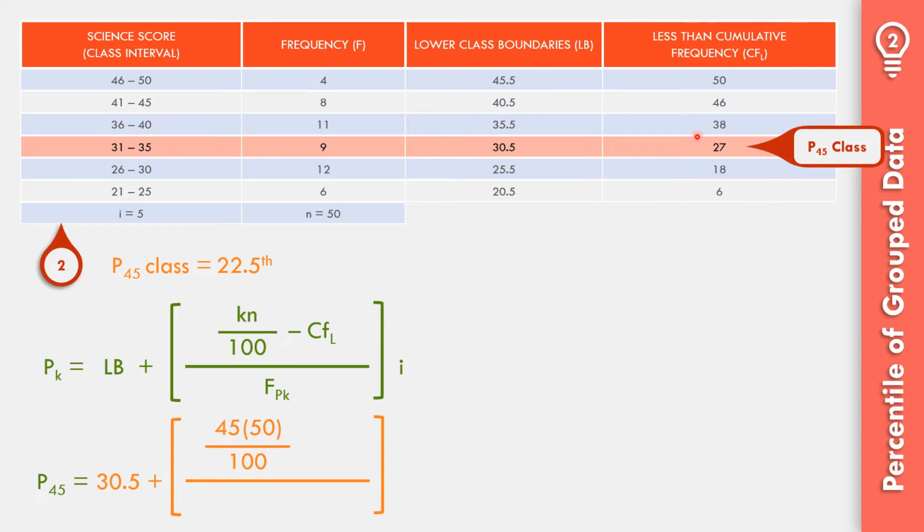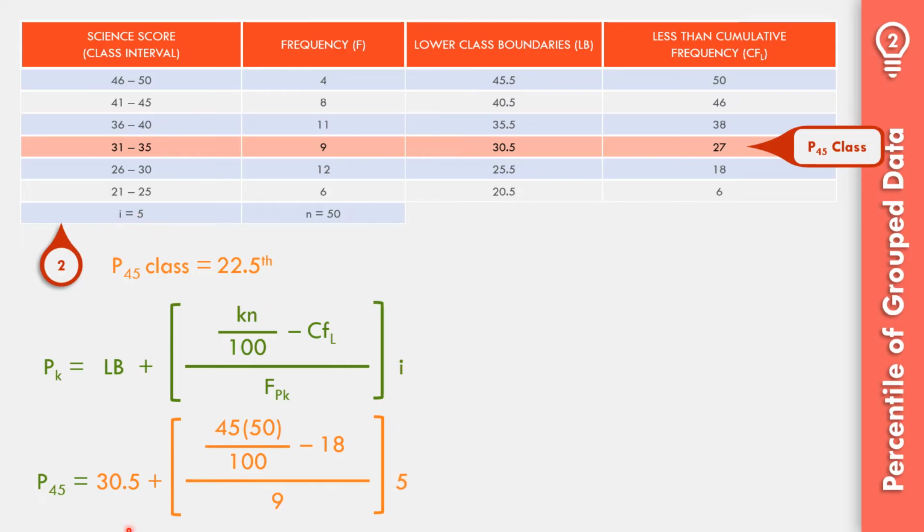For the less than cumulative frequency of the p sub 45 class, we will choose yung nasa baba, so that is 18, minus 18 over the frequency of the p sub 45 class, 9, times the interval that is equal to 5.